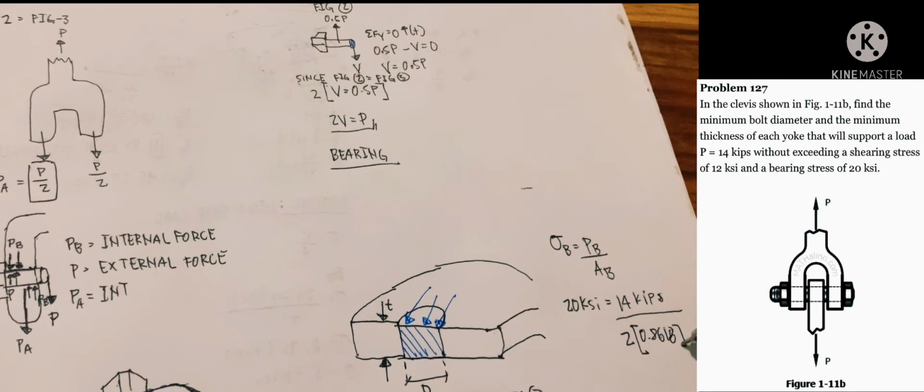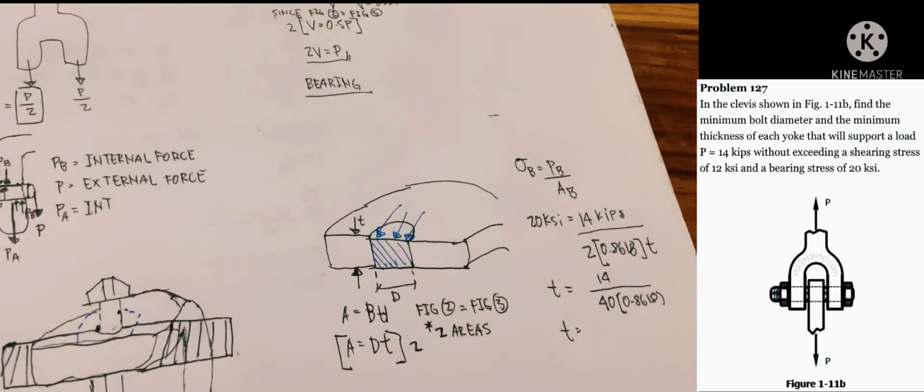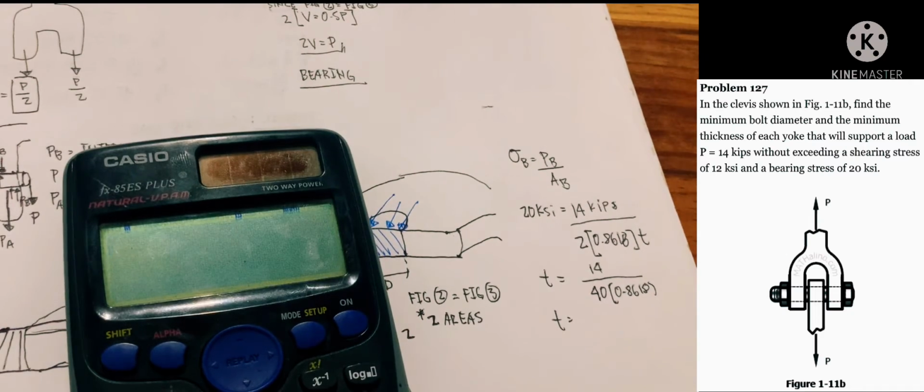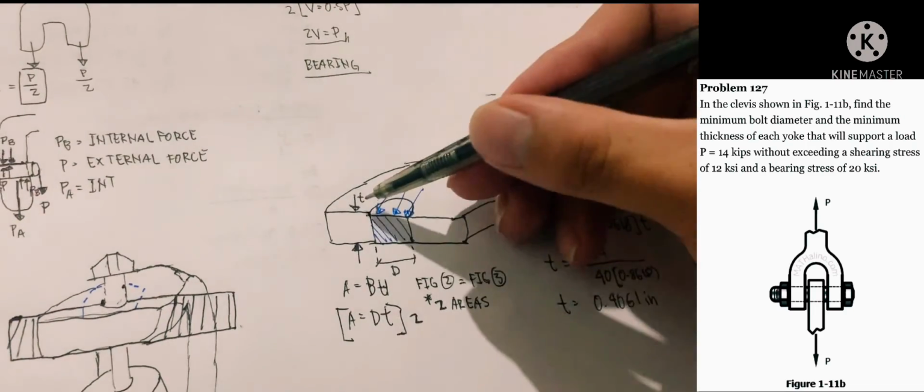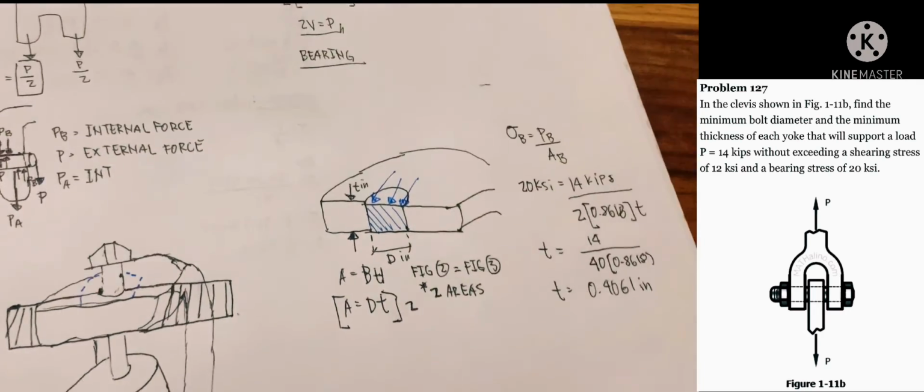So considering our two sides, we can calculate. So it is the thickness, minimum thickness for each yoke. A yoke is simply a beam that is being held or supported by two supports. So our thickness is 0.40. That is all. Thank you.